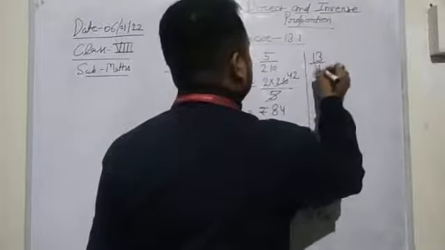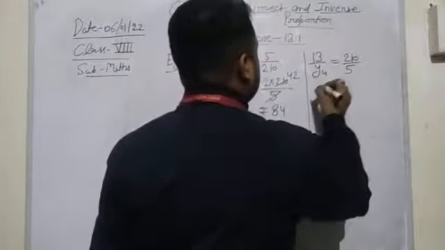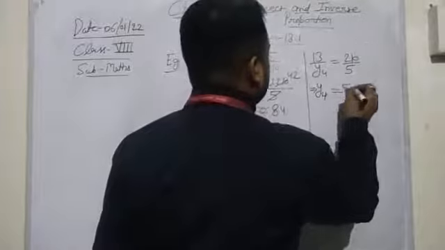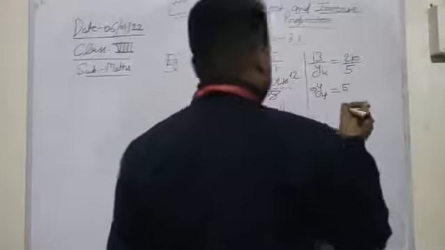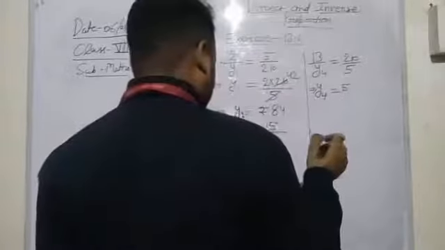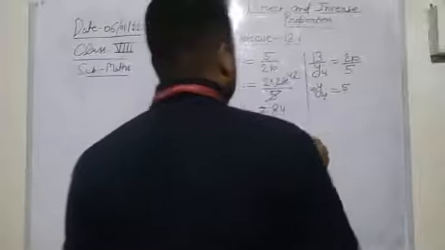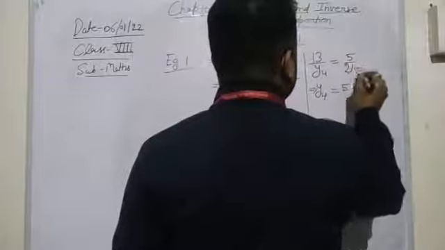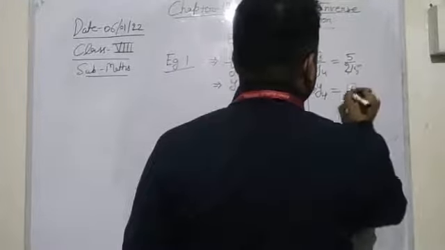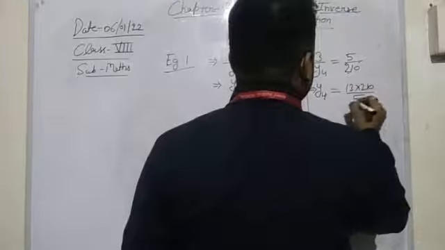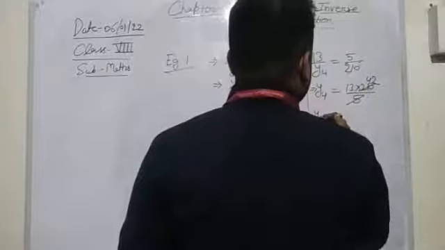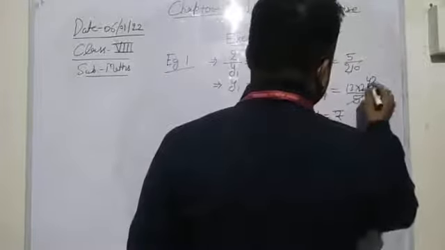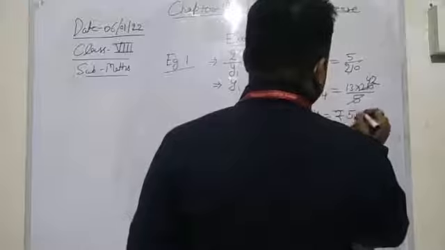And 13 upon y4 is equal to 5 upon 210. Sorry, so y4 will be 13 into 210 upon 5, that is 42 times 13, so y4 will be 546 rupees.